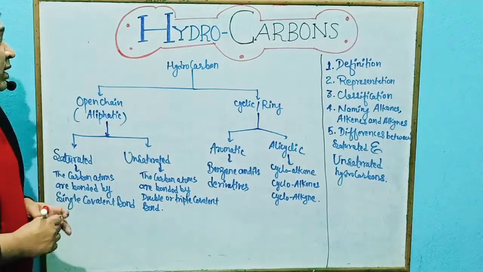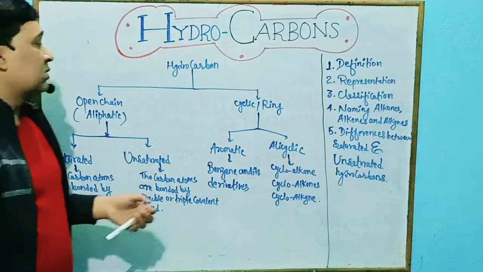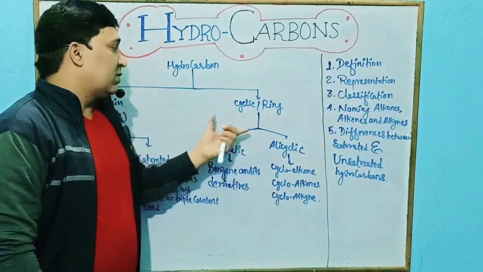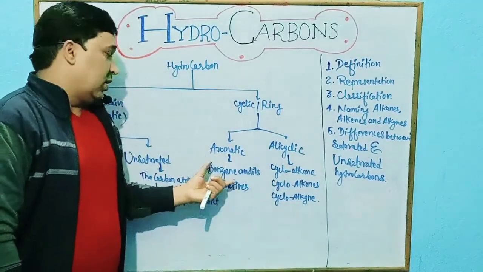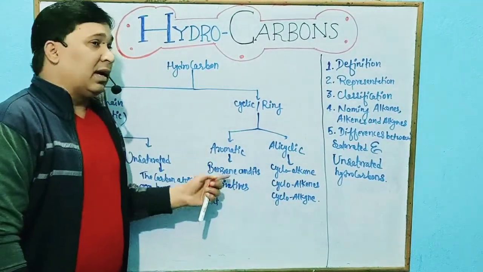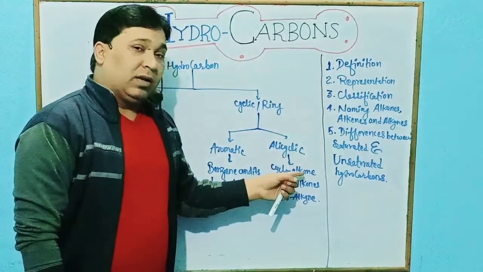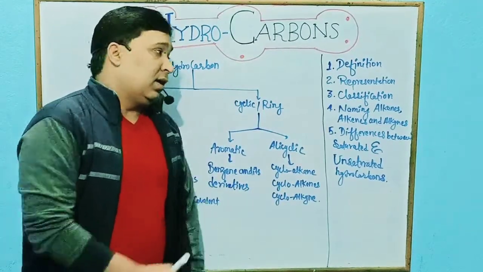So, hydrocarbons are classified as open chain hydrocarbons or aliphatic hydrocarbons, and cyclic or ring hydrocarbons. Cyclic or ring hydrocarbons are further classified as aromatic or alicyclic. In aromatic hydrocarbons, we study benzene and its derivatives. In alicyclic, we study cycloalkanes, cycloalkenes, and cycloalkynes, right?